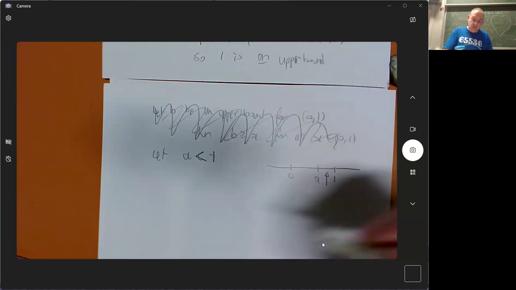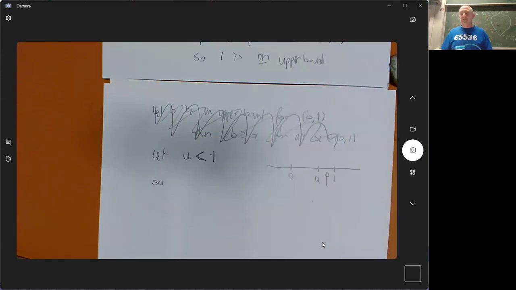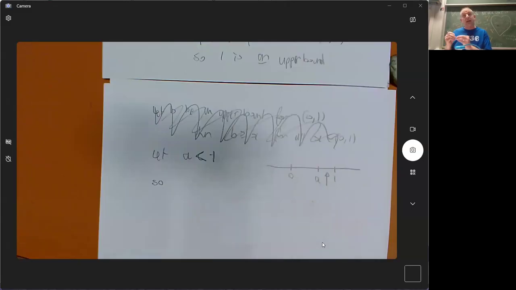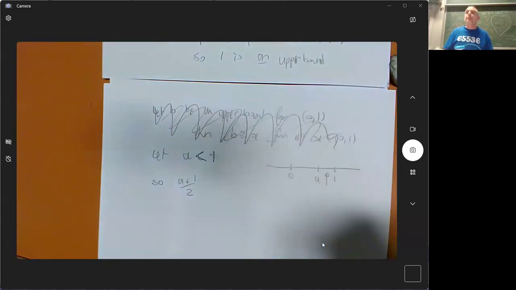So that means that there's a gap between A and 1. The way to say that is to say that 1 minus A is greater than 0. That's saying the gap is more than 0. I guess the average of them would have to be between them. So (A plus 1) over 2.